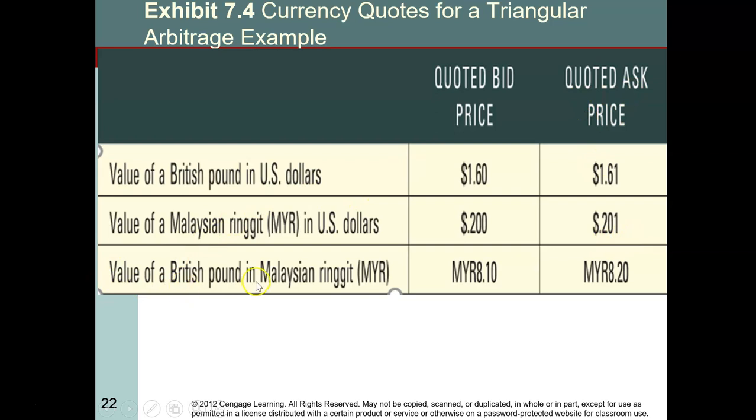The value of a British pound in Malaysian ringgit, the cross exchange rate between the two foreign currencies, is MYR 8.1 and MYR 8.2. So let's first see if there's a price discrepancy here and see how we are going to arbitrage through the difference.